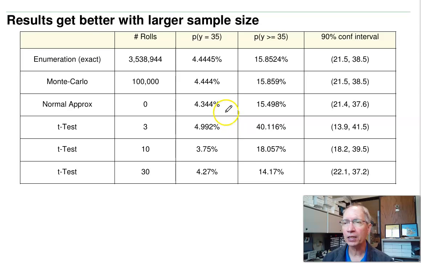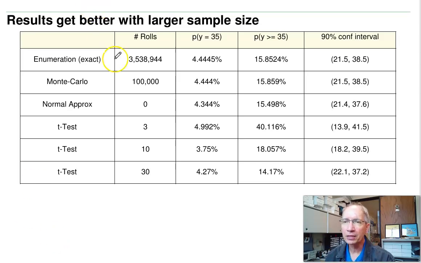When I get to infinity, it'll be the same as a normal approximation. Probability of getting numbers bigger than 35, 40%, 18%, 14%, and getting closer. Correct answer is 15.8. Confidence interval should be 21 to 38. I'm getting 13 to 41, sample size of 3, 18 to 39, pretty close, sample size of 10, 22 to 37, sample size of 30.